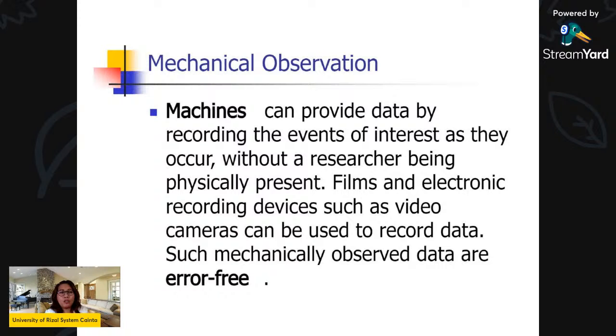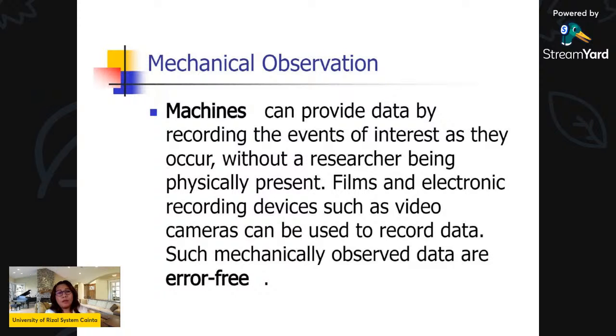What about mechanical observation? Ano naman si mechanical observation? Mechanical observation can be used in a machine that can provide data by recording the events of interest as they occur without a researcher being physically present. So films and electronic devices can be used to record data, such as mechanically observed data are error-free.